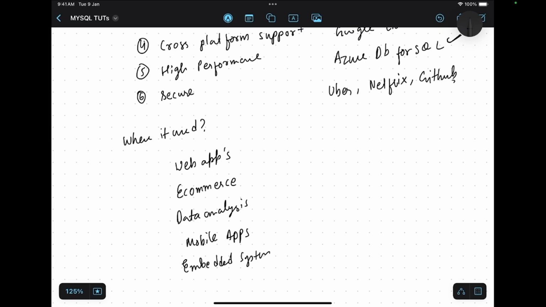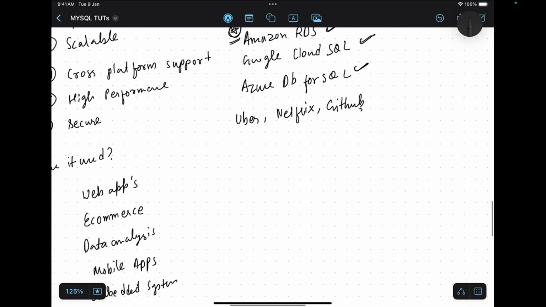It's not like all e-commerce applications use only MySQL. They are also using NoSQL, and the same in Uber and Netflix. They are not only using MySQL. There is a combination, but it's a part, so that's why it's relevant.